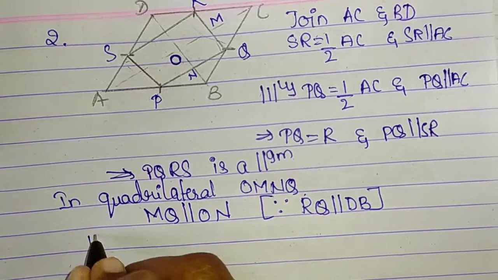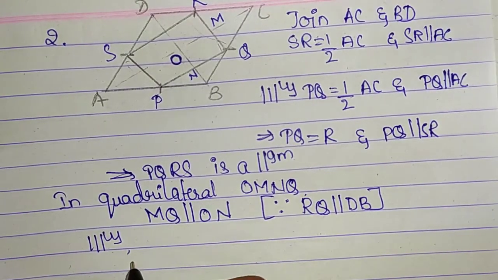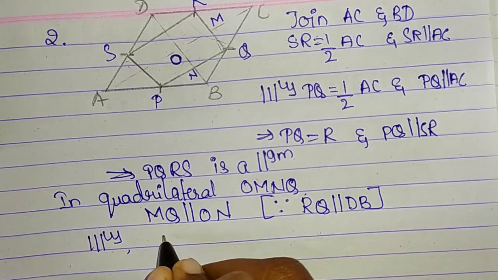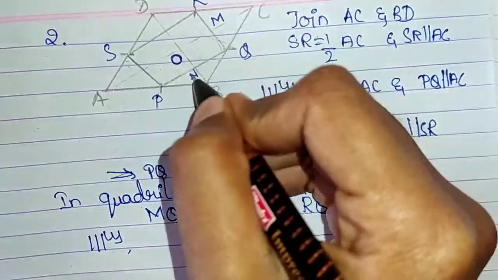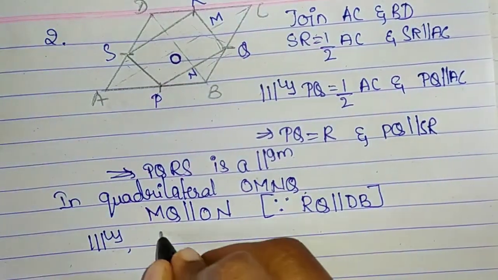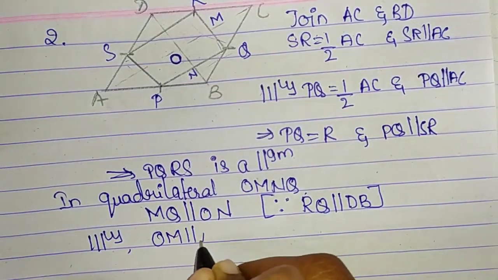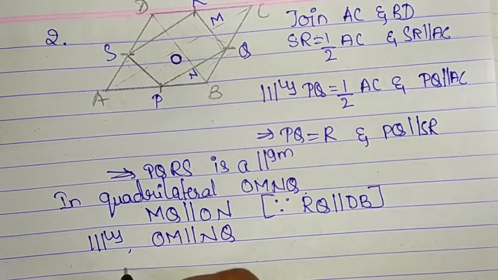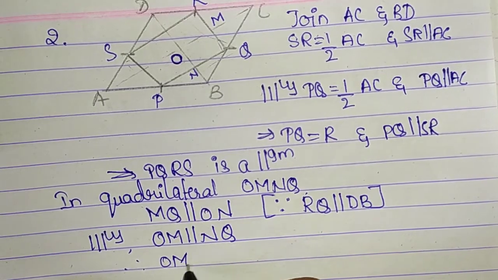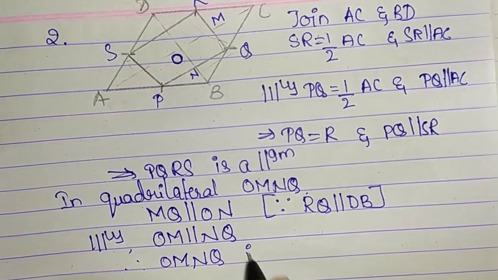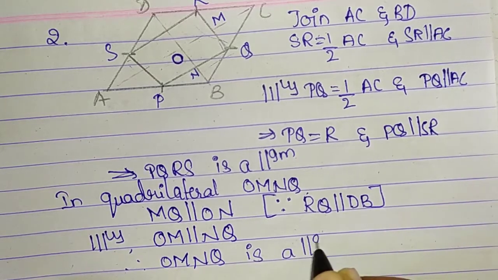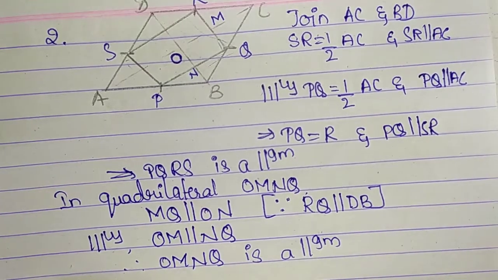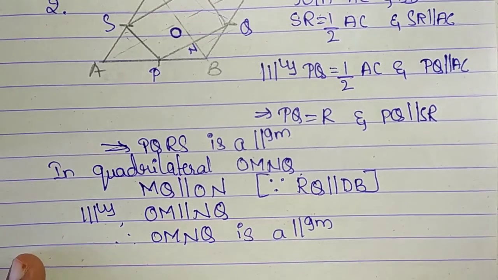Similarly, OM is also parallel to NQ. So therefore, OMQN is a parallelogram. Both pairs of opposite sides are parallel to each other, so it is a parallelogram.